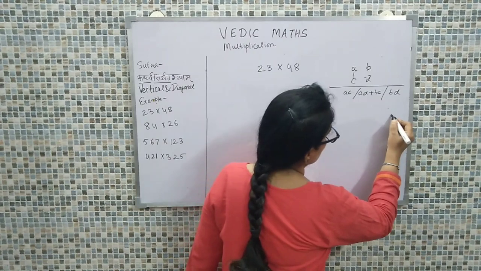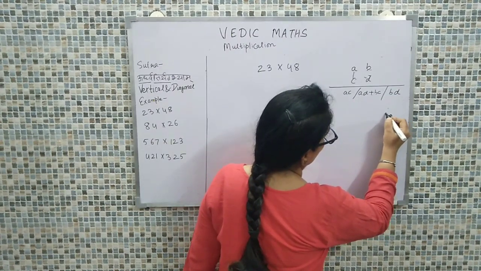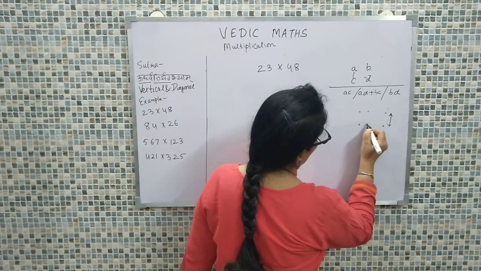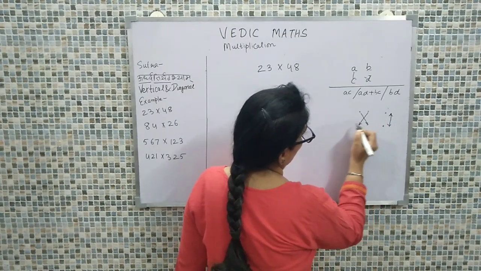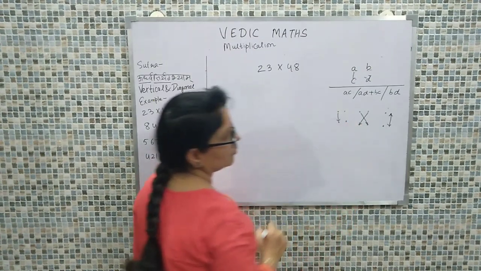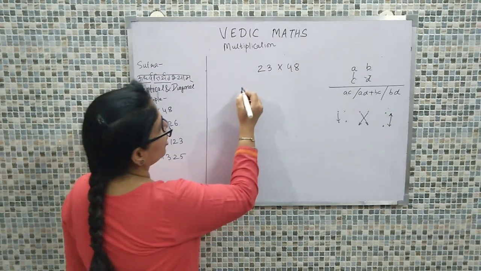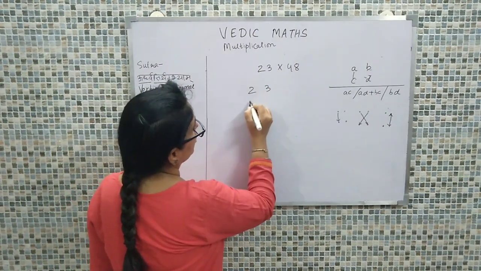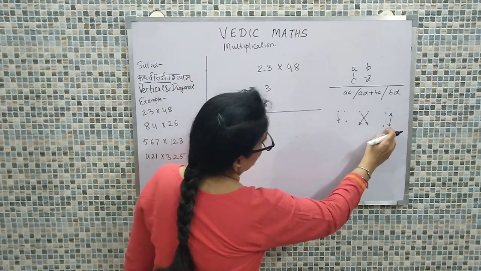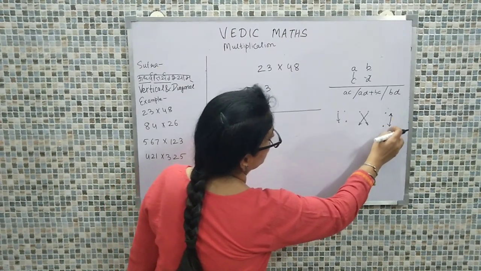The first is vertical, the second is crosswise, and the third is again vertical. So let's look at how it can be implemented for this particular case. From the very first we start with vertical.